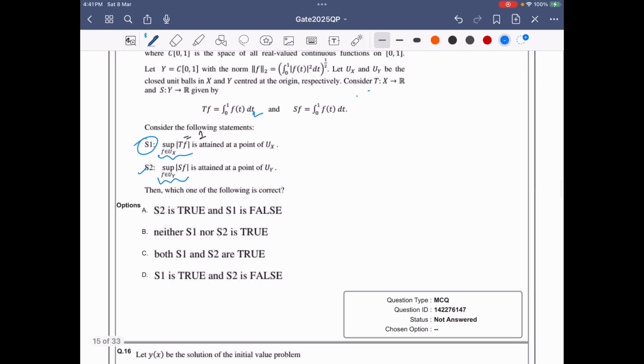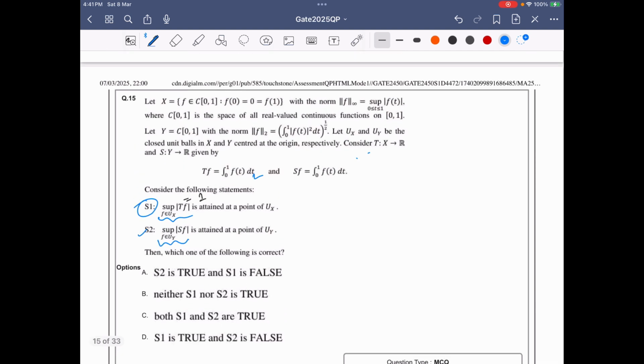So again, if you try to visualize this quantity, what is this? Tf is the integration from 0 to 1 of f(t) dt. So this is actually an average area in the interval 0 to 1, but if you look at f coming from Ux, you have to restrict to this domain. So you try to visualize this thing. This is -1 and 1, and this is 1 here.